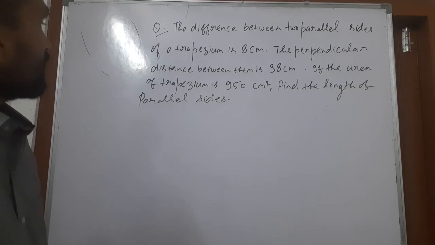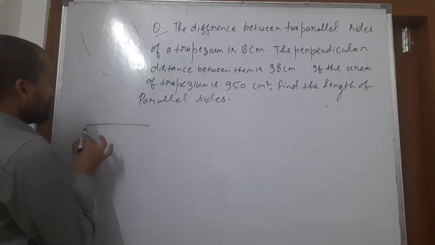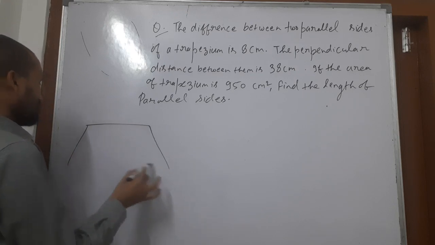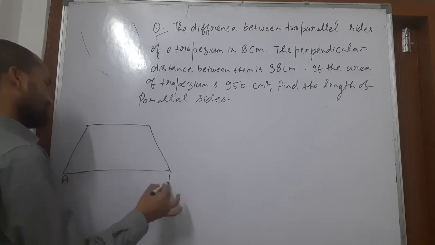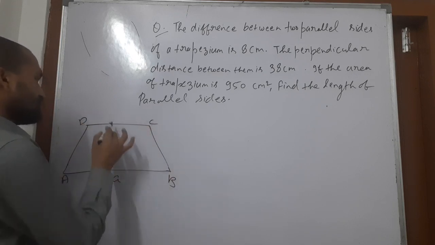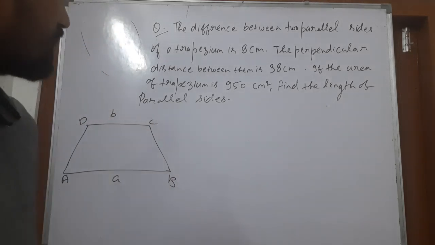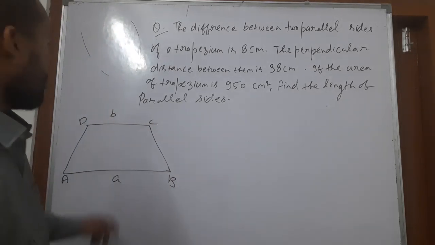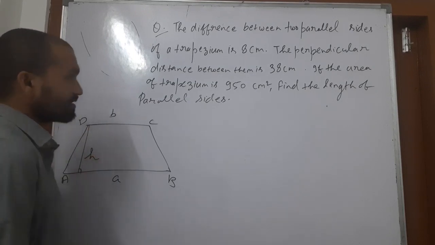Means if we draw the diagram of trapezium, this is the diagram of trapezium, and let their parallel sides be a and b, small a and small b, and this is the height h.